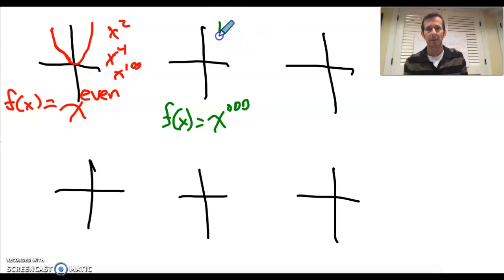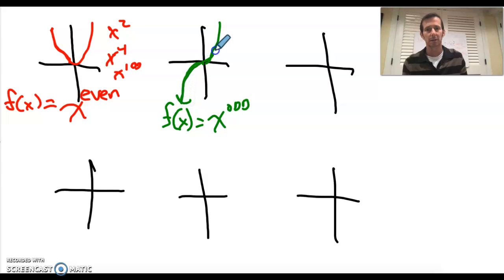This comes down like this, but when I take things to an even power, if I square a negative number, the answer becomes positive. That's why this one curves back up. But if I take an odd power of a negative number, it stays negative.